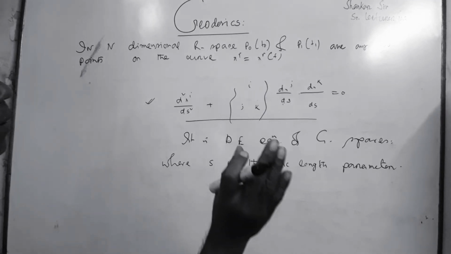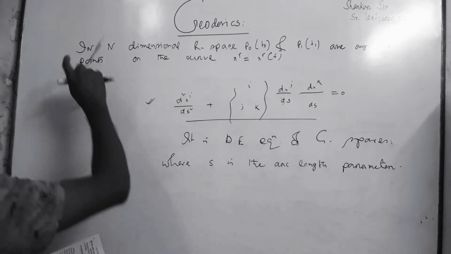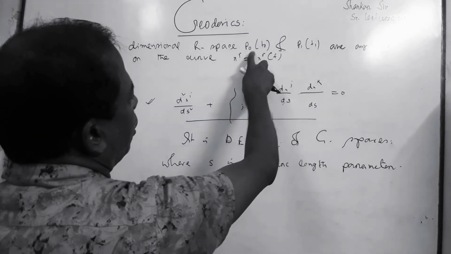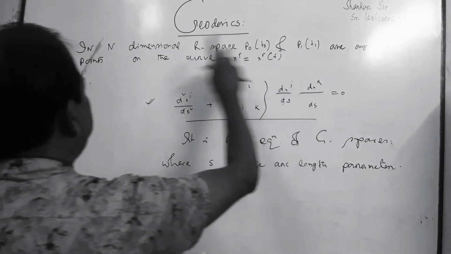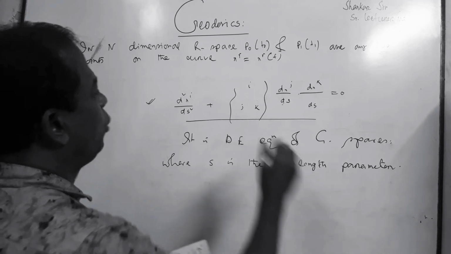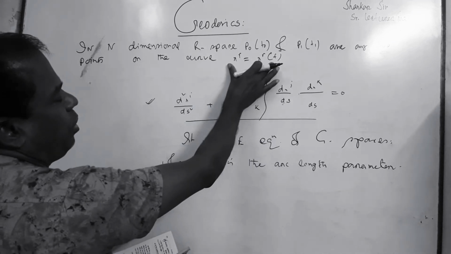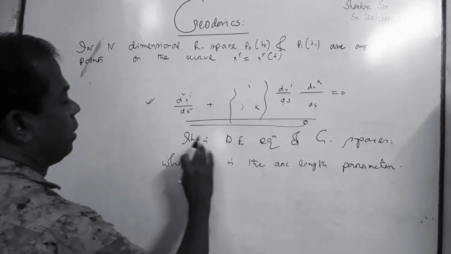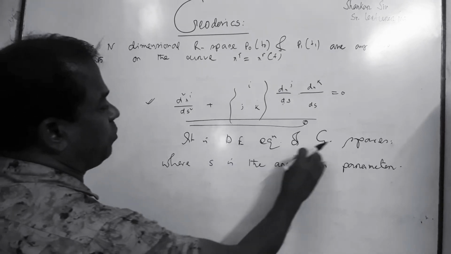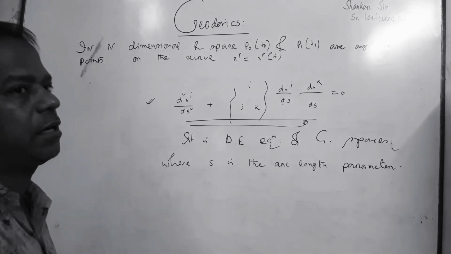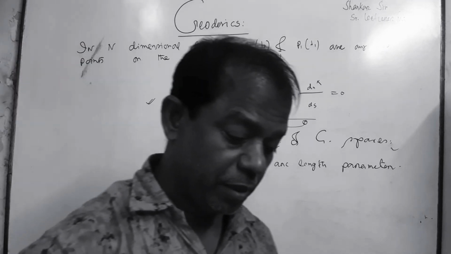Firstly, in n-dimensional r space, two points P0 and P1, and then the curve x(r) equal to x(r)(t), follows this format and rules. It is the differential equation of the geodesic space, where s is the arc length parameter.